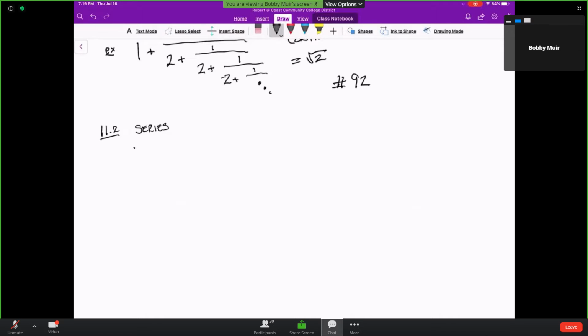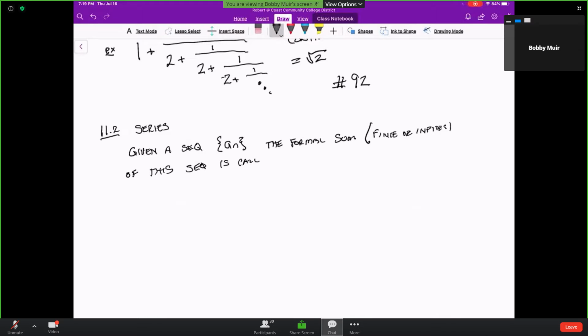If we're given a sequence, a sub n, the formal sum, finite or infinite, of this sequence is called a series.